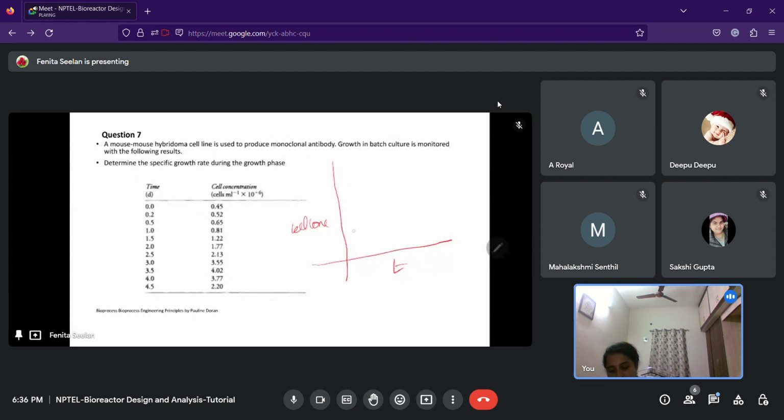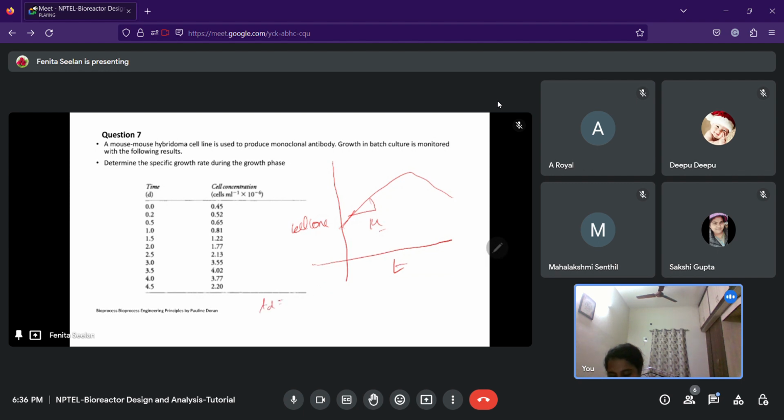If we plot the values given, there would be a slope. From the slope you can get the mu value. If you get the mu value, we can easily calculate doubling time also. So what is the formula for doubling time?